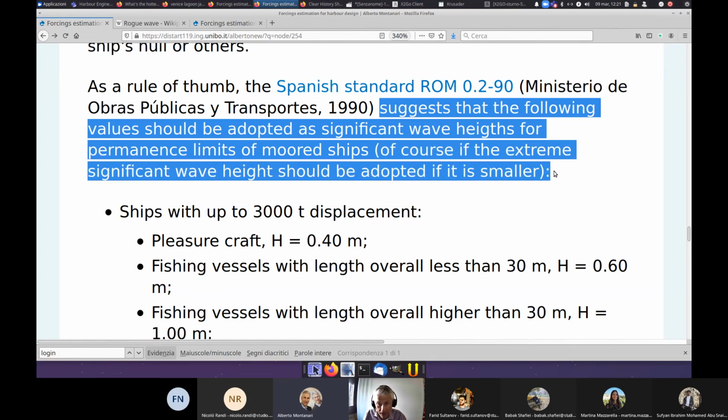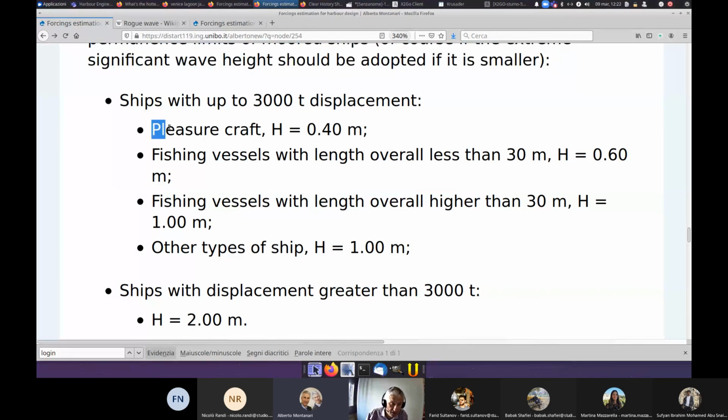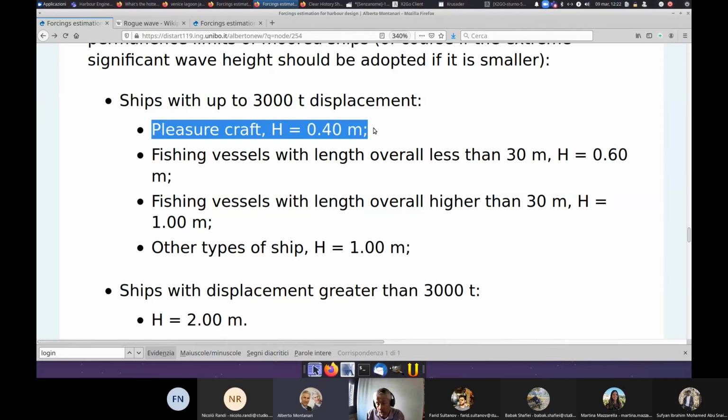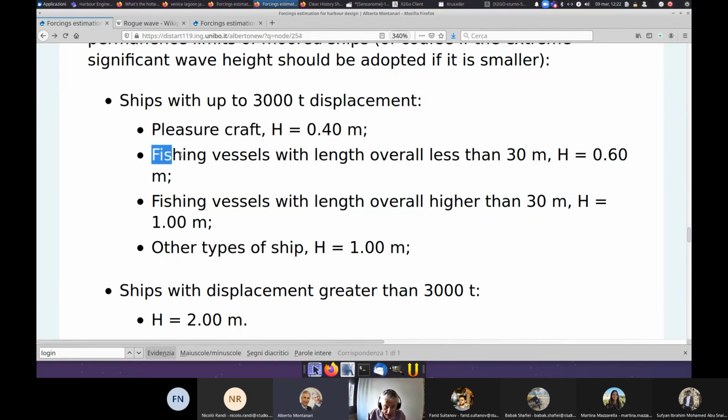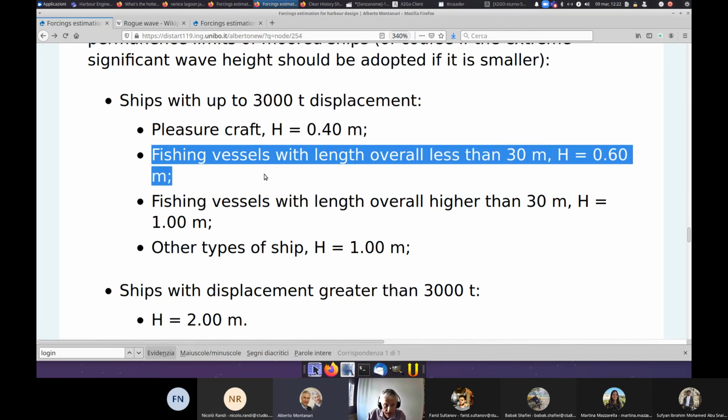For ships with up to 3,000 tons displacement, and for a pleasure craft, you should get a design wave height of about 40 centimeters. For fishing vessels with length overall less than 30 meters, we get 60 centimeters.